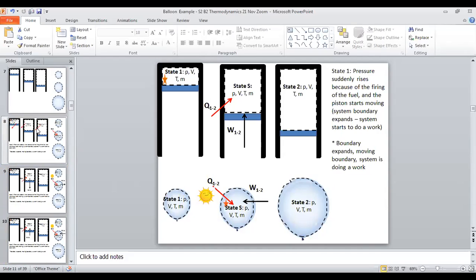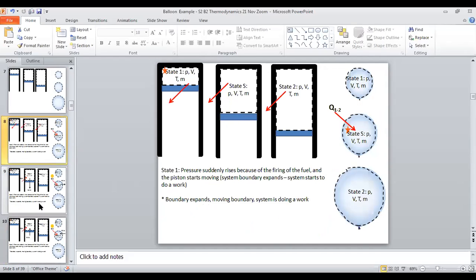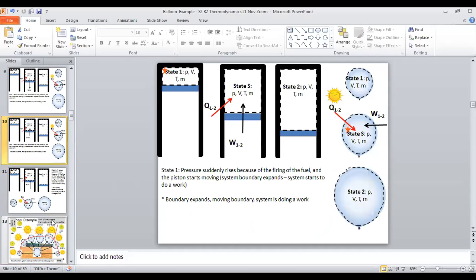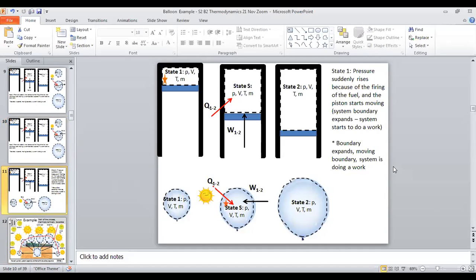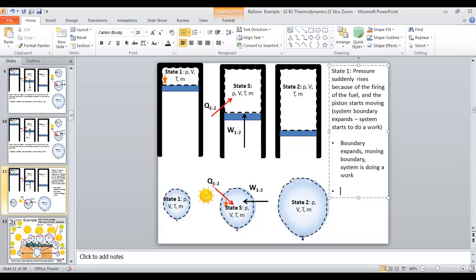There is one slide really missing. Never mind. Let me continue.